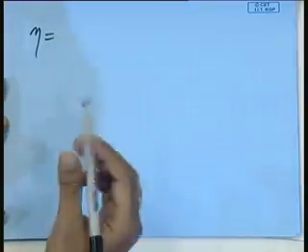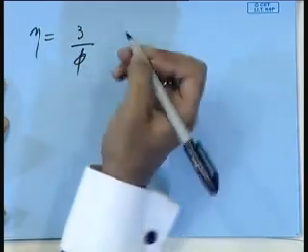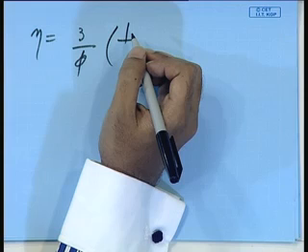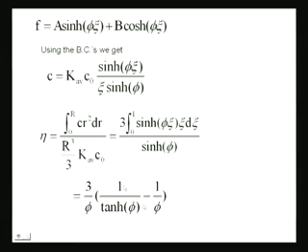My eta after all this calculation comes out to be 3 over phi times 1 over tanh phi minus 1 over phi. So what you see is that it essentially goes as coth, the reason being that the eigenfunction is changed from cosh to sinh.